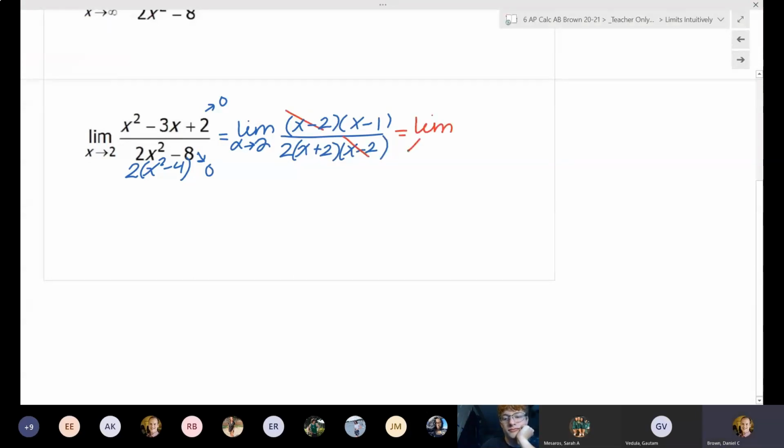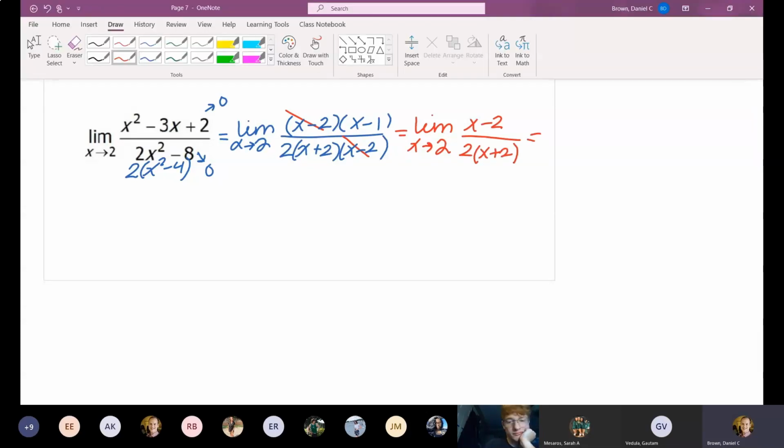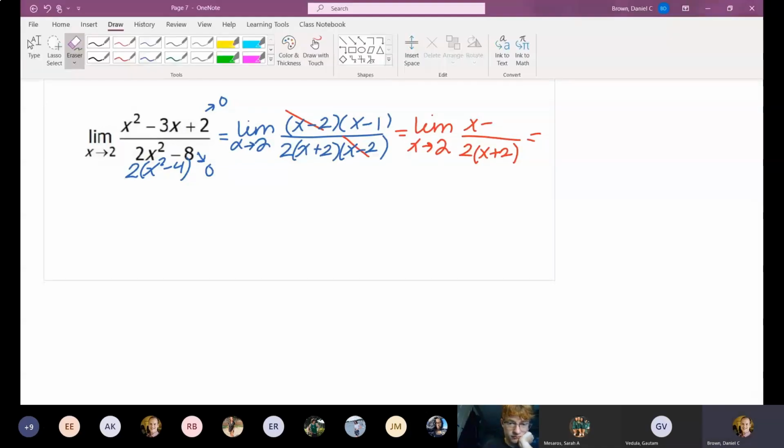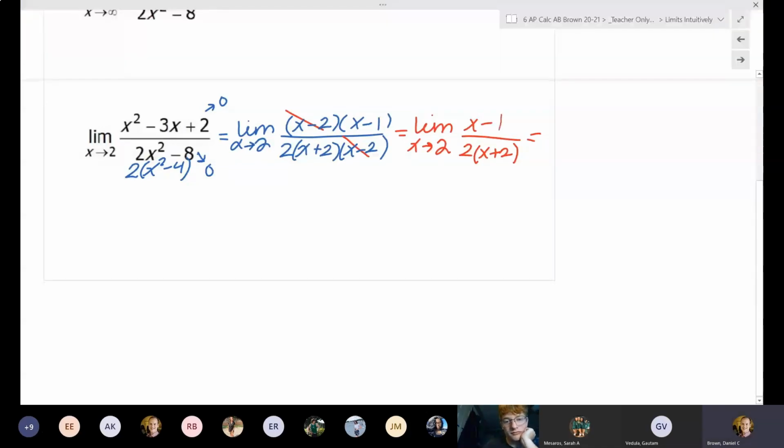We have a nicer limit to deal with, and I can go ahead and plug in 2 into what's left over. Plugging it in, we see we get a number now. 2 minus 1 is 1. 2 times 2 plus 2 is 8. So we know how to do those.